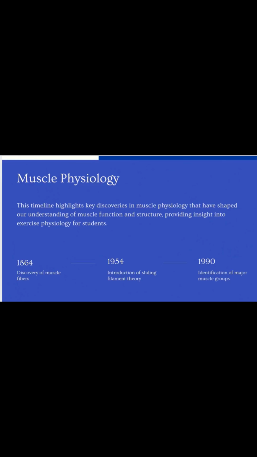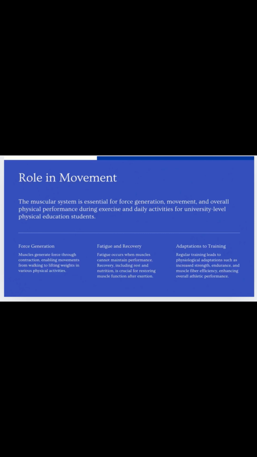You can see the major discoveries related to muscle physiology and human physiology, which are the discovery of muscles, the introduction of the sliding filament theory, and the identification of major muscle groups. Again, it is important to understand why the muscular system is essential for force generation, movement, and overall physical performance during any type of activity or exercise and for daily life activities.